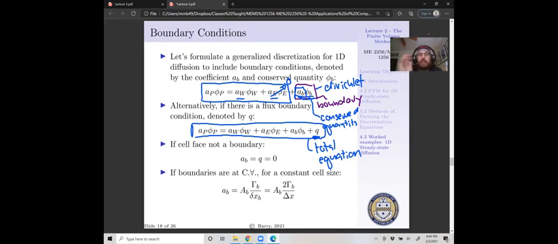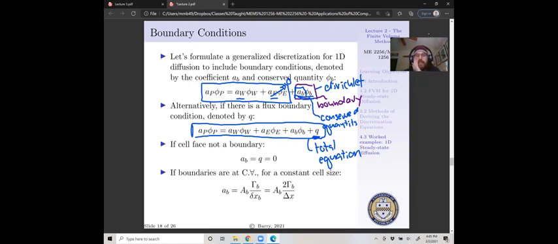If we don't have a Dirichlet boundary condition, but we're supplying a flux, we can set that equal to 0. And then, depending upon what end of the bar or domain we're looking at, we can set our remaining values equal to 0. Now, if we don't have a flux, we can just set Q equal to 0.